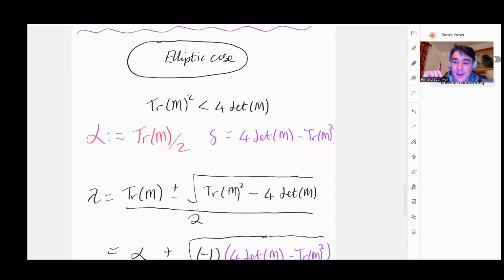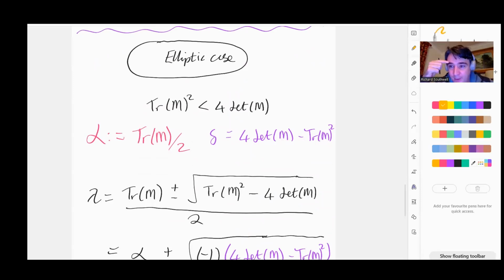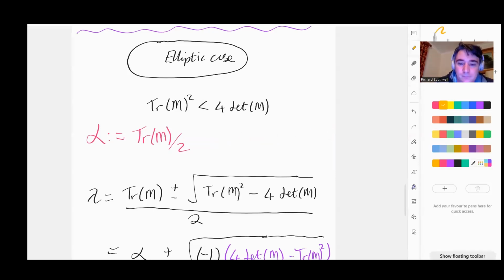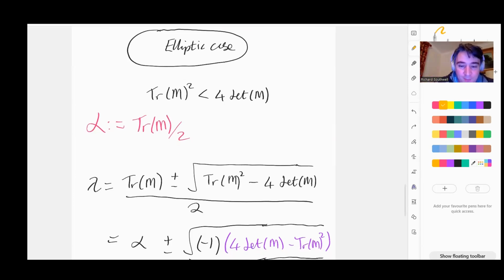Now, what about the elliptic case? In a sense, it's more complicated, but in another sense, it's kind of similar. So in this case, we've got the trace of M all squared is less than 4 times the determinant of M. And so in this case, let's pick alpha to be half of the trace of our matrix.